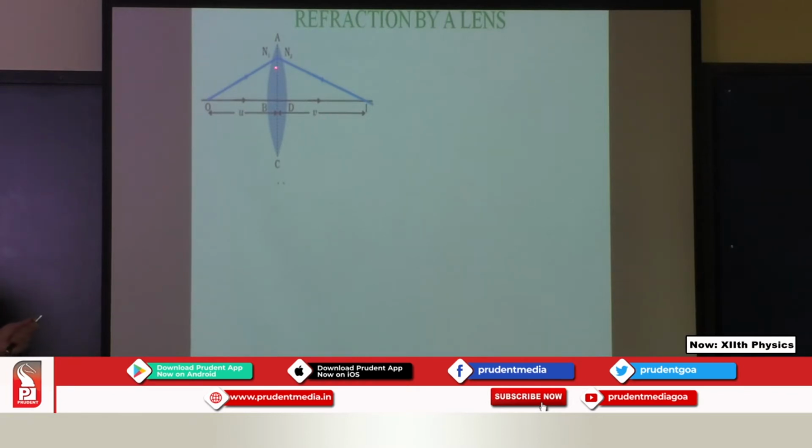And this is the path of the ray of light. Now, as I have told you, a lens is a formation of two curved refracting surfaces, isn't it?